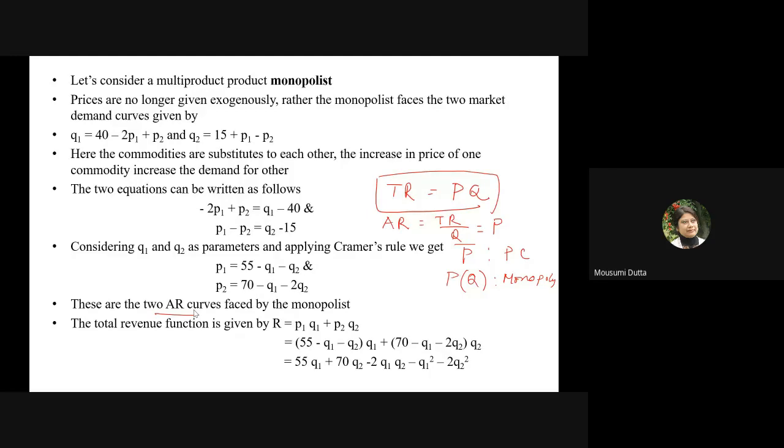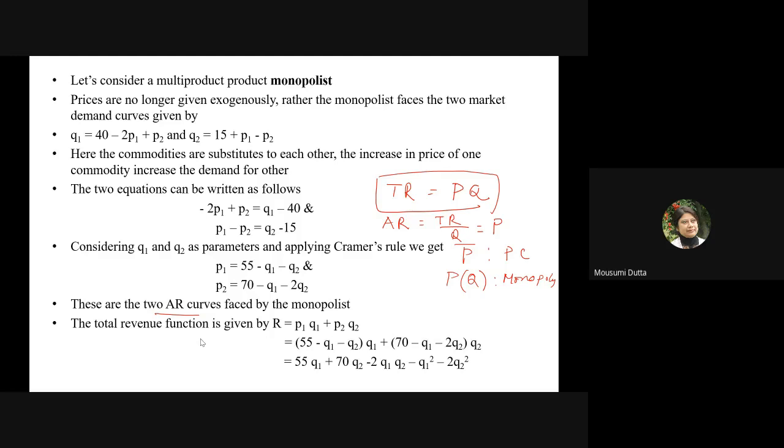Now for a monopolist, once you get Q1 star and Q2 star using these two equations, P1 is equal to 55 minus Q1 minus Q2 and P2 is equal to 70 minus Q1 minus 2 Q2. Once you get Q1 star and Q2 star, you need to find out P1 star and P2 star, because here price is a function of output. It is not given.